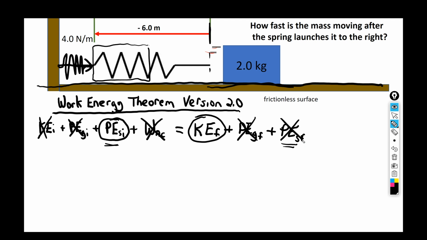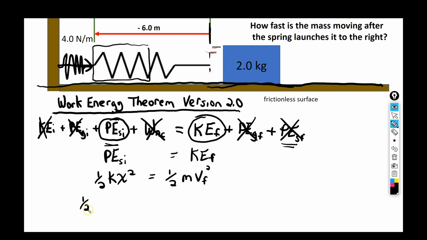So the bottom line is the initial elastic potential energy turns into the final kinetic energy, or we could say 1/2 kx squared equals 1/2 m vf squared.